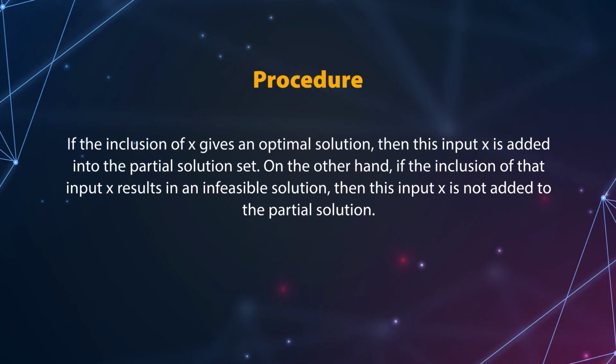Now check if the inclusion of X gives the optimal solution. There may be many feasible solutions, but there will be only one optimal solution. Suppose out of 10 samples, I have taken one sample and that sample is called X. If by including X, I am coming close to the optimal solution, then I will add that X into the solution set.